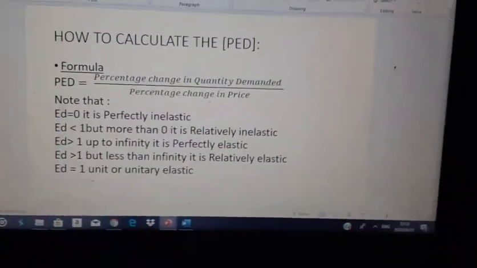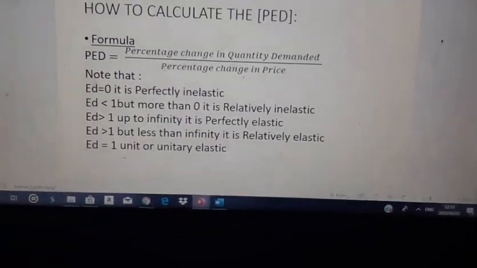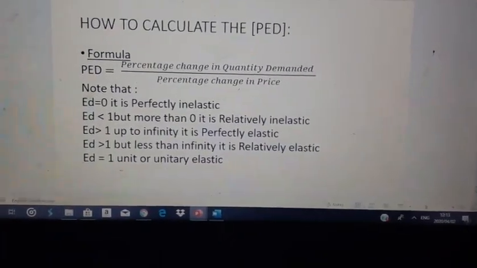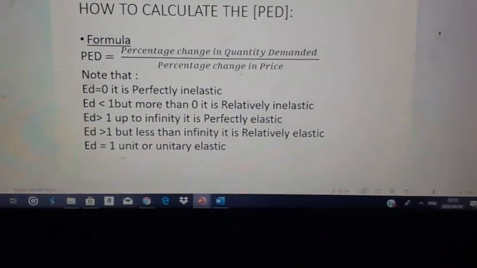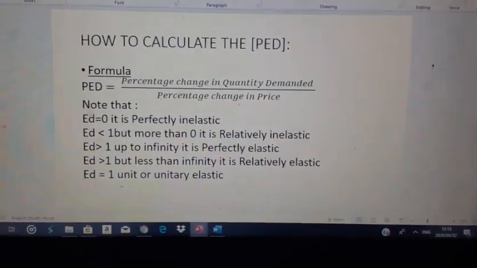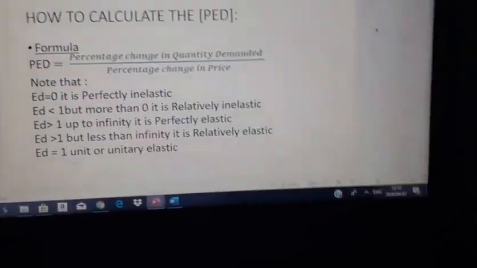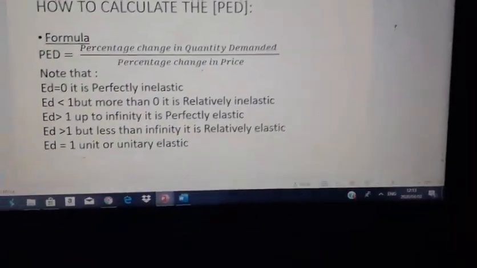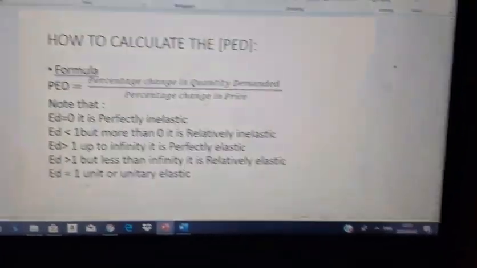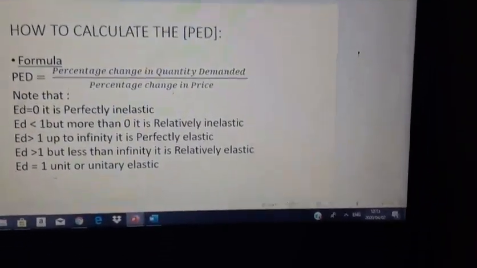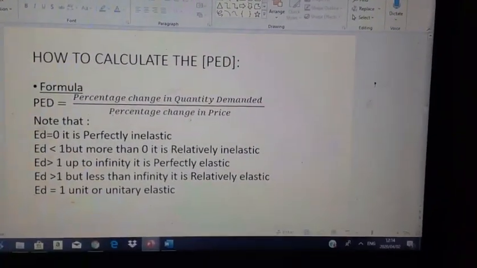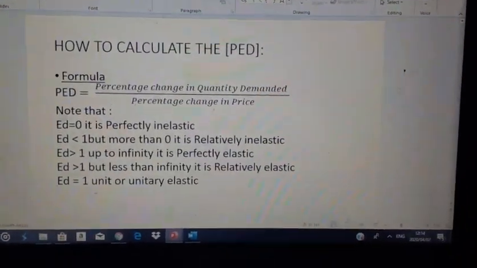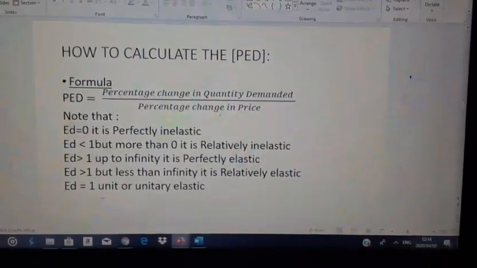Now, before you start with calculating, you need to understand or note that when you have calculated elasticity of demand using that formula and you have received an elasticity of demand that is equal to 0, then you know that elasticity of demand is perfectly inelastic. When you have calculated and you get an answer that is less than 1 but not more than 0, then you know that the elasticity of demand is relatively inelastic.